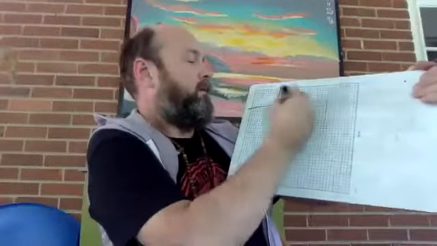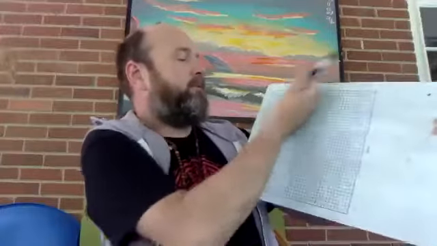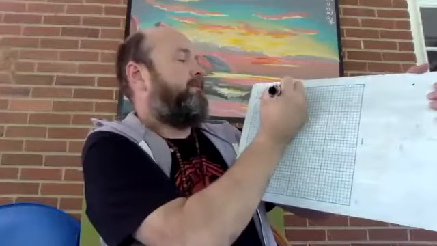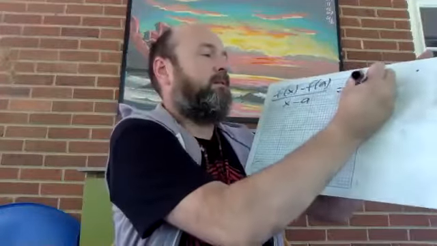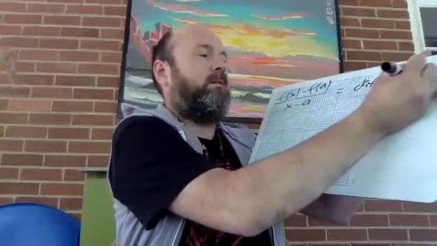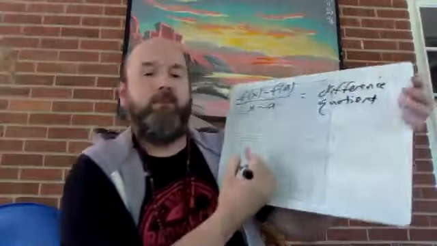So now, what if, oh, and by the way, the difference quotient, f of x minus f of a over x minus a, it's kind of a technical sounding word, but it's really pretty simple.